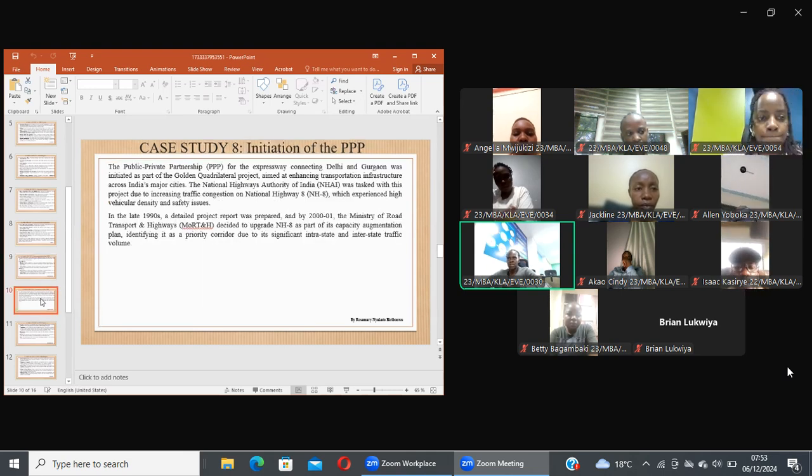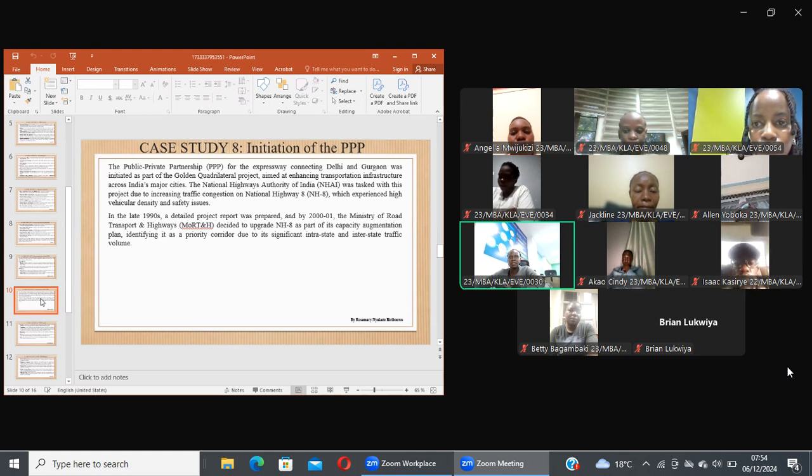The PPP project for the expressway connecting Delhi and Gurgaon was initiated as part of the Golden Quadrilateral project, aimed at enhancing transportation infrastructure across India's major cities. The National Highways Authority of India was tasked with this project due to increasing traffic congestion on the national highway, which experienced high vehicular density and safety issues.